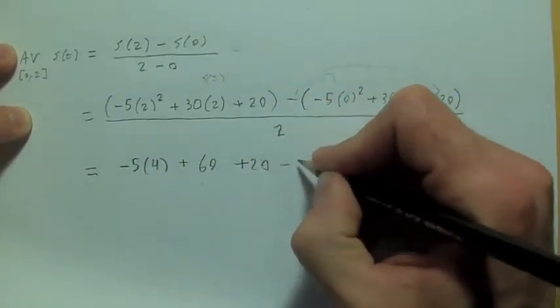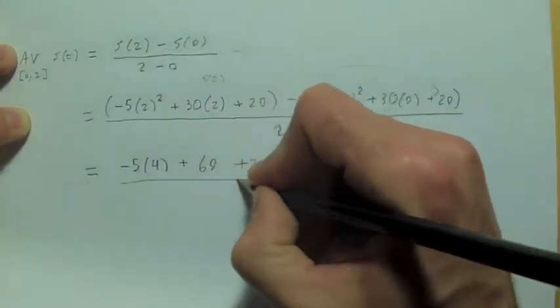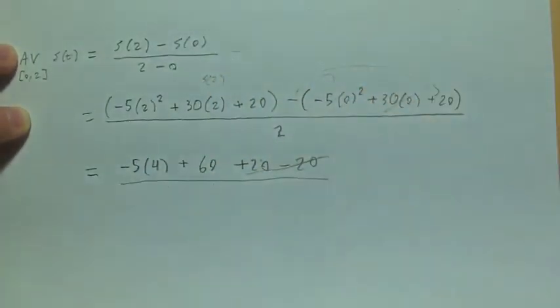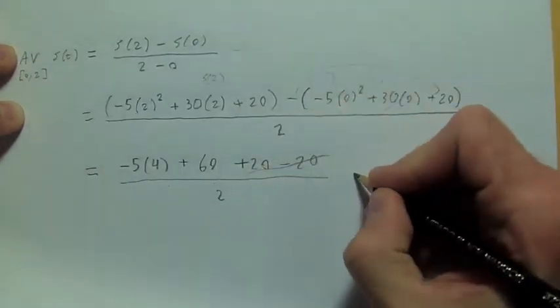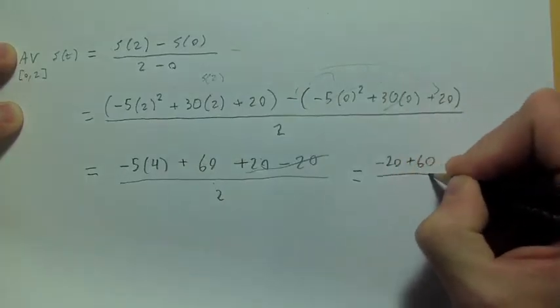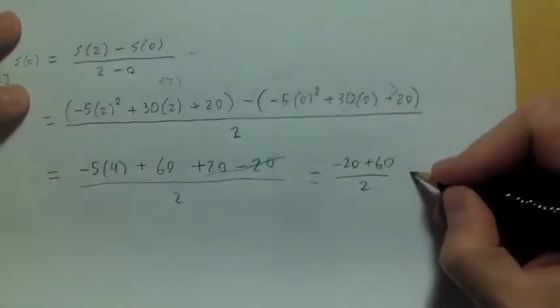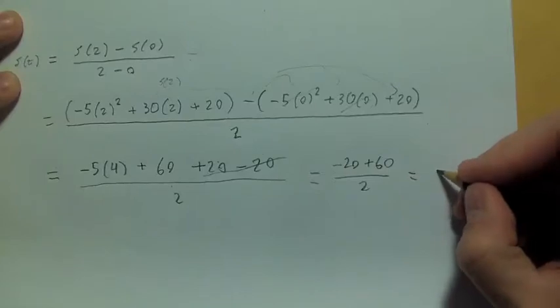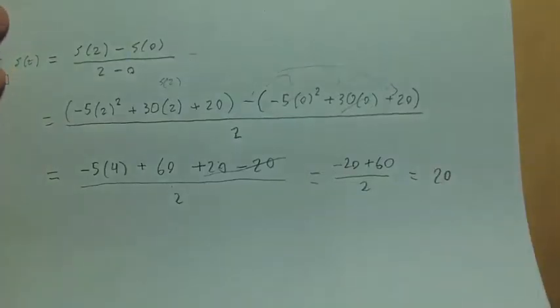It's just going to affect that 20. So we'll get 20 minus 20, and we see that those constants cancel out. Happens every time. So this is going to be negative 20 plus 60 all over 2. So we have 40 over 2, which ends up being 20.